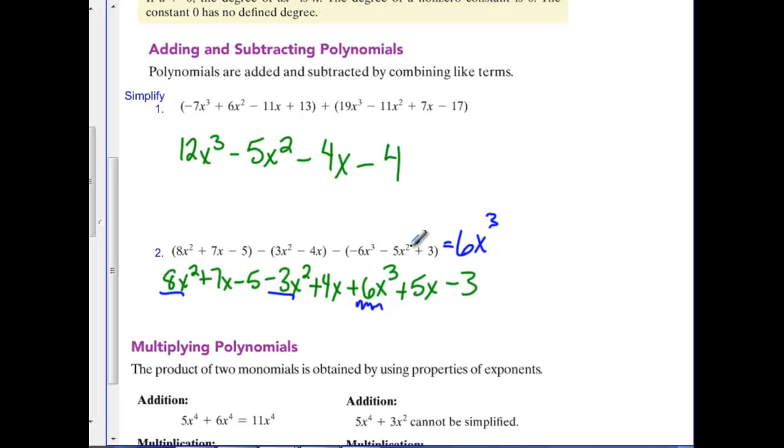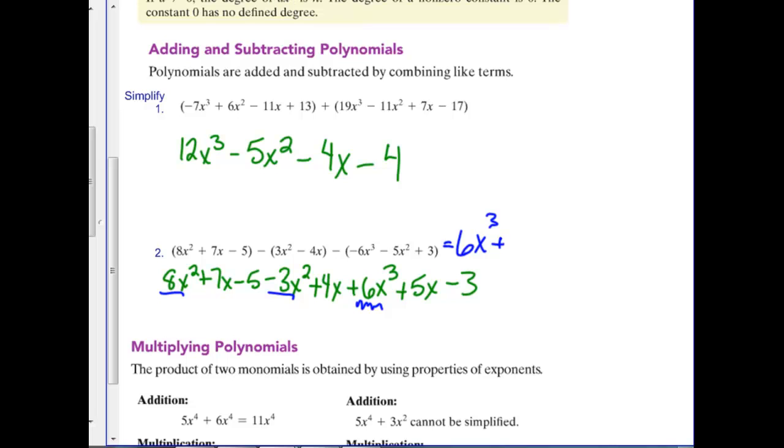Okay, now let's put the squareds together. So the 8x squared minus 3x squared gives us, because it was a positive 8 and a negative 3, yeah? Oh, because I forgot to write the squared. Thank you. All right, let's fix this.